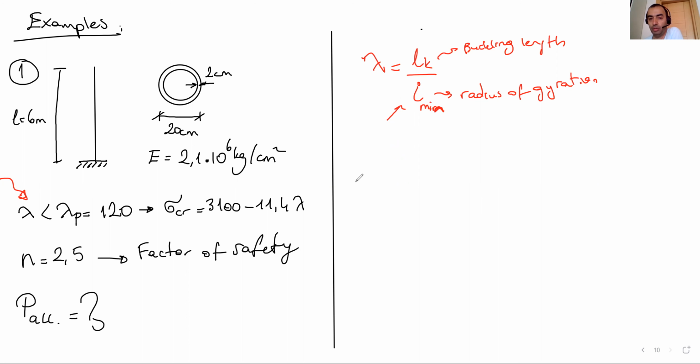It directly depends on the moment of inertia. Since our section is a circular hollow section, in each direction we have the same moment of inertia. So we get the moment of inertia, then calculate the radius of gyration.